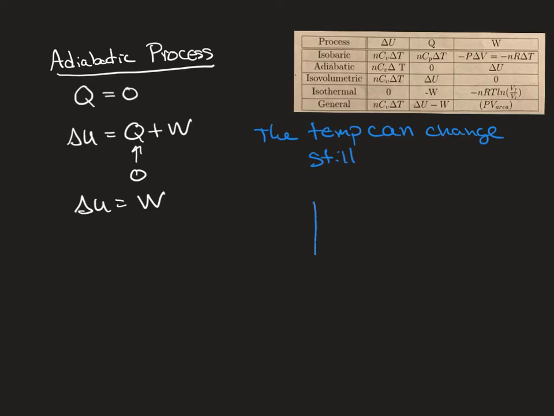Alright, so we're going to draw our two axes here. So we have pressure in pascals and volume in meters cubed. And we're going to get a line that's not horizontal, not linear, not vertical, but is curved. It looks very similar to the line that you got when you did the Boyle's Law experiment, but it's not quite the same.